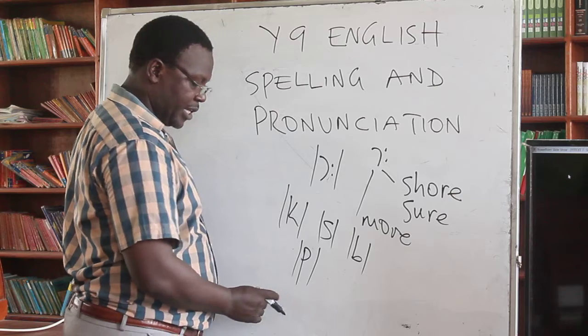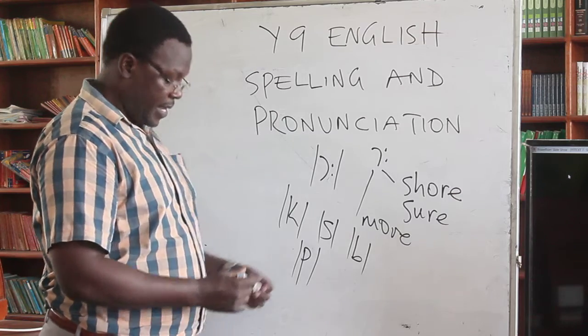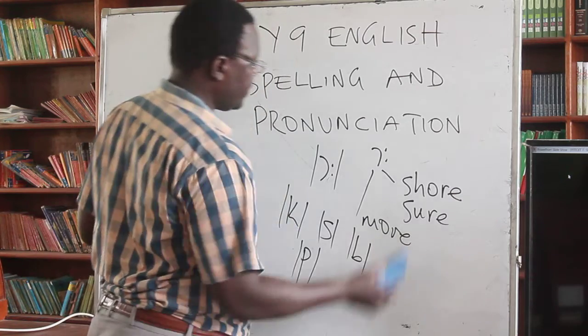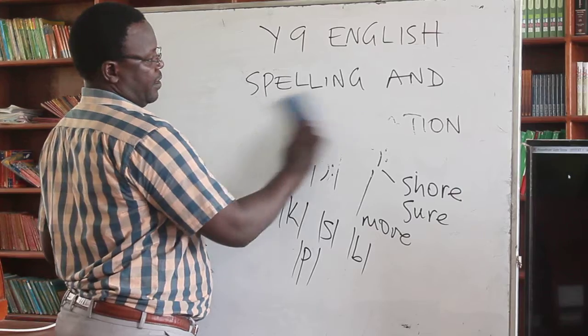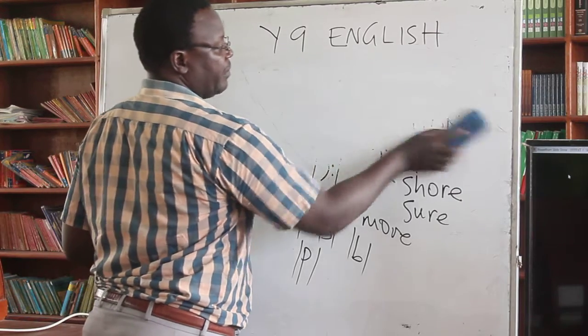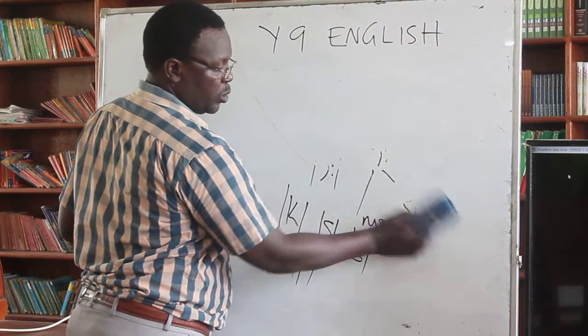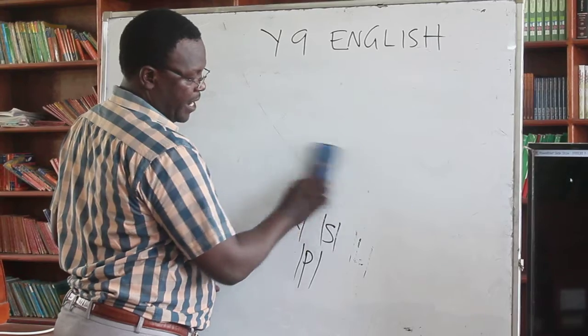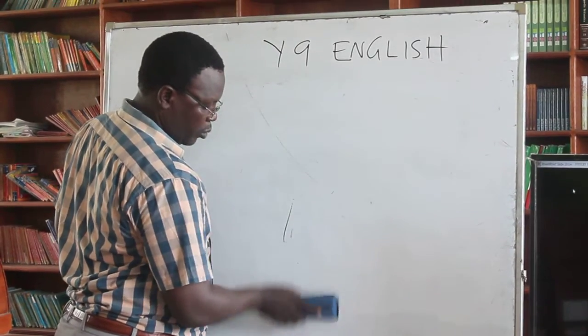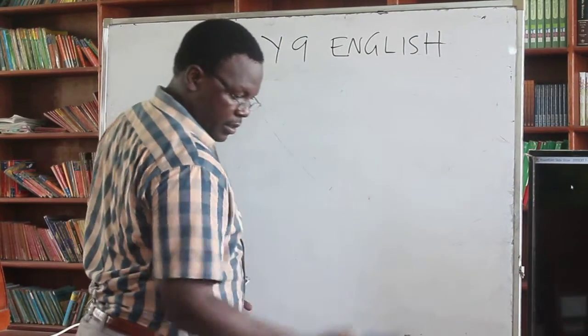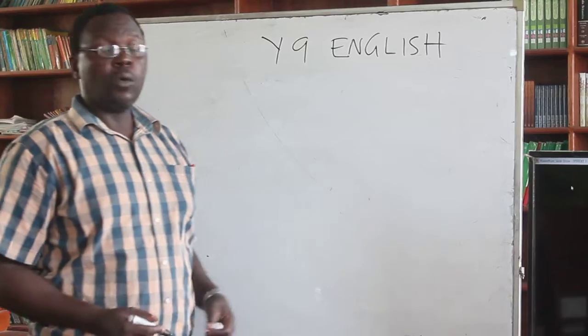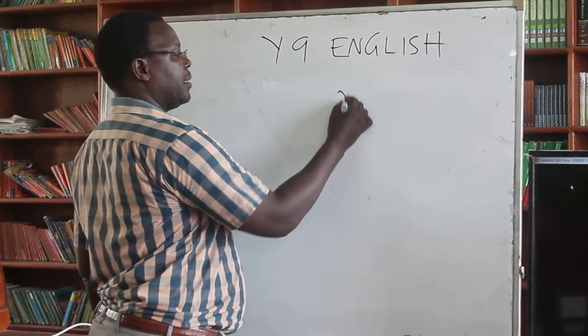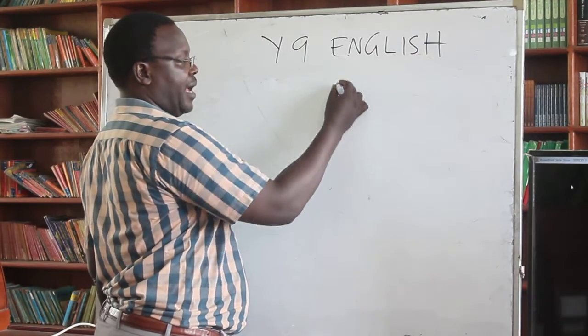Put them between the slashes, they become sounds. So the uniqueness of these symbols must be understood from the very beginning, so that when we look at them, we understand what we are doing. That letter there is A.